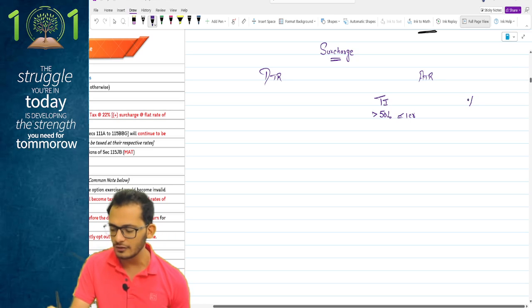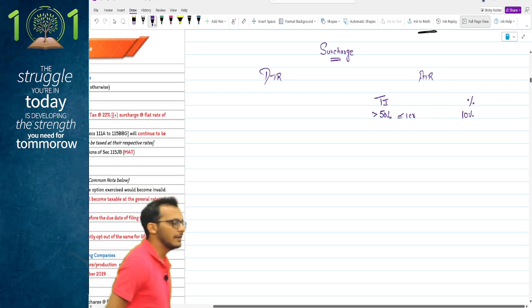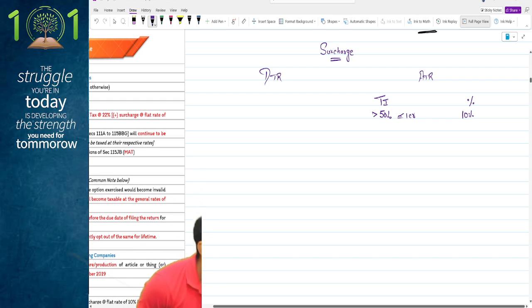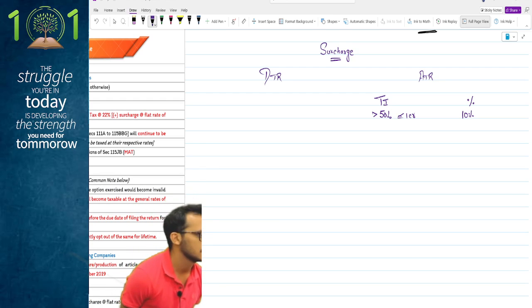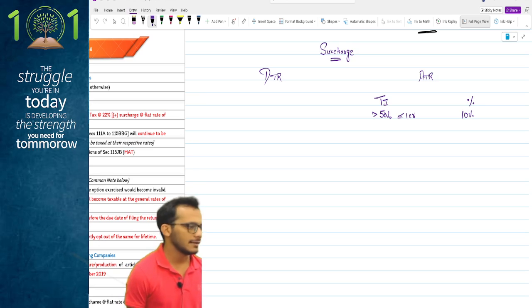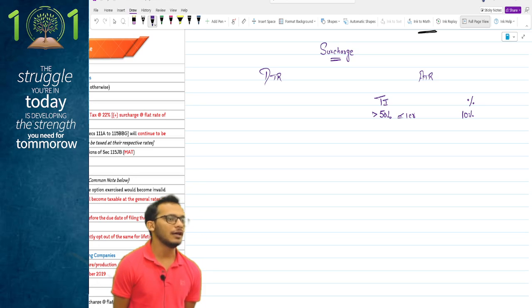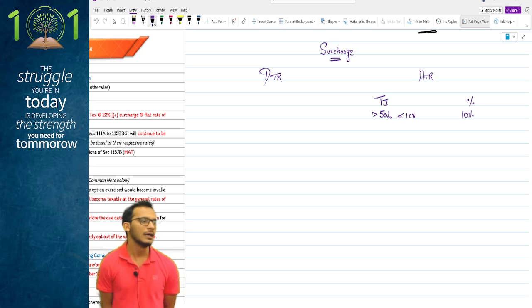In which case, I will ask you to pay a surcharge of 10%. Rahul, 10% of what? 10% of basic tax. It is not 10% of your income. It is 10% of your basic tax.